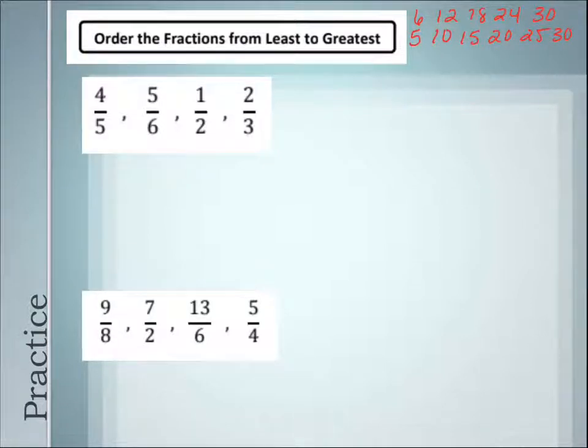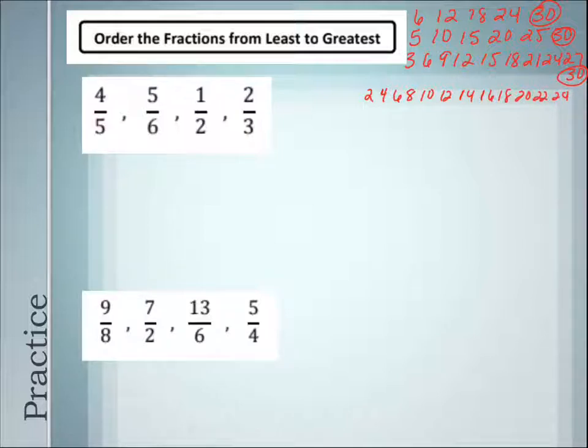Oh, we're off to a good start there. 3, 6, 9, 12, 15, 18, 21, 24, 27, 30. I've got 3 now that have 30. 2, 4, 6, 8, 10, 12, 14, 16, 18, 20, 22, 24, 26, 28, 30. So 30 must be my common denominator this time.